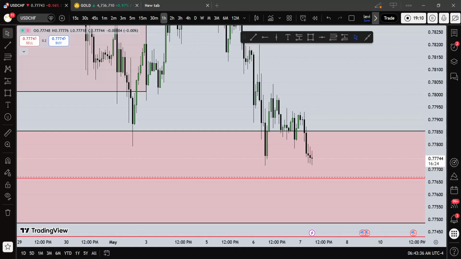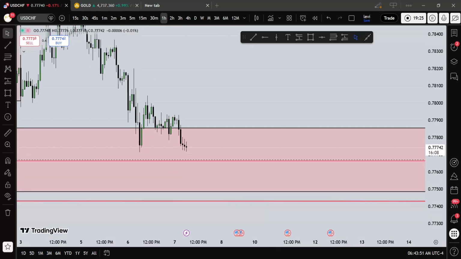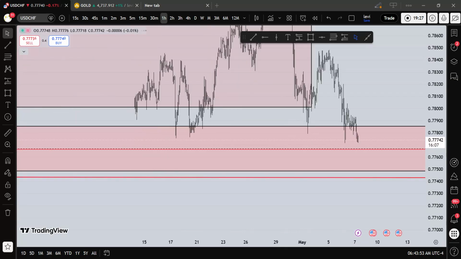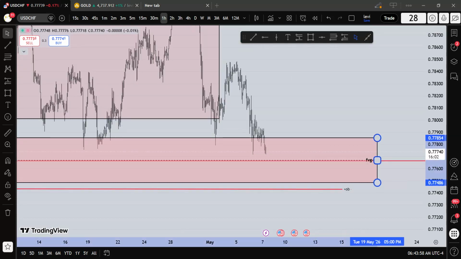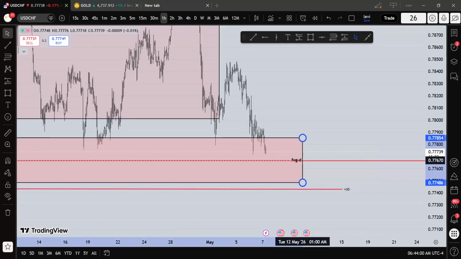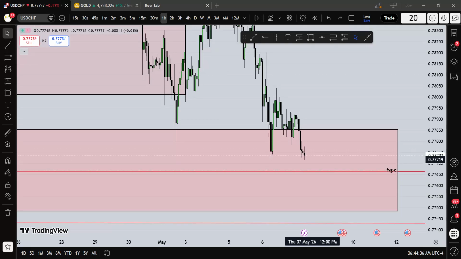So we see this last run up here, some form of consolidation, it hits, bounces, then comes down into this fair value gap from the daily chart.